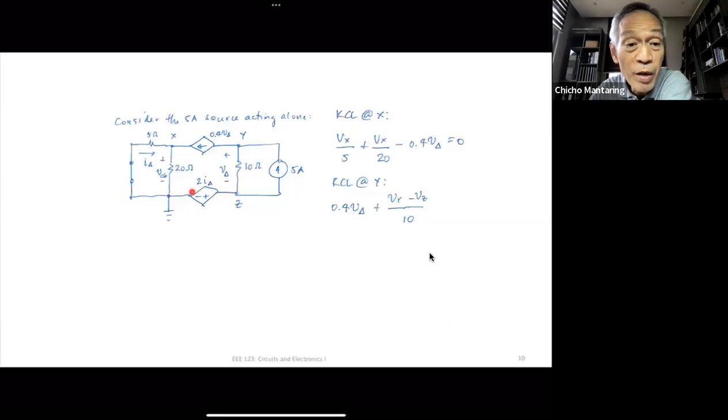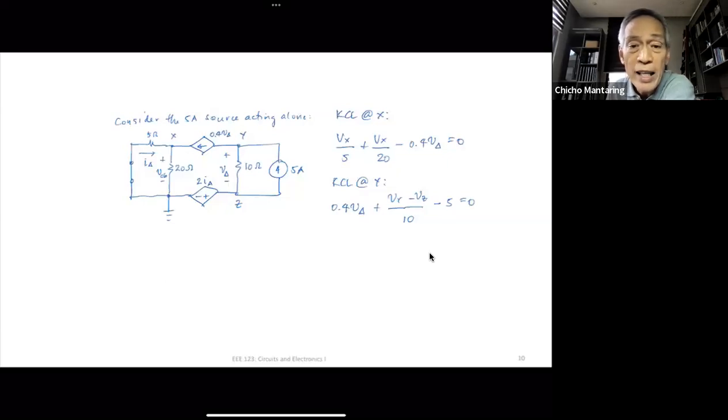A lot of people will forget that the reference is here, and then they're going to put Vy over 10. In fact, I had started to do that earlier. It should be Vy minus Vz over 10. Okay, what's the last term? Minus 5 amperes is equal to 0. Okay, that's KCL at Y.